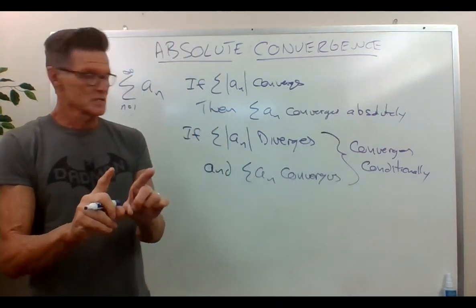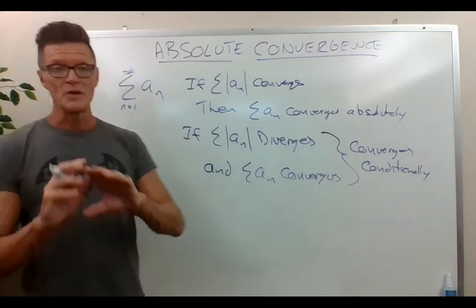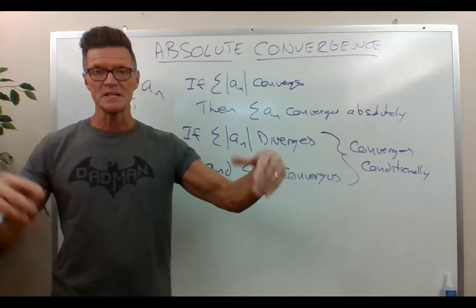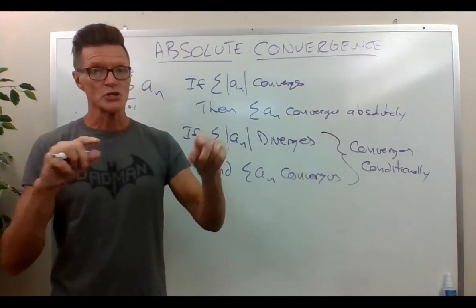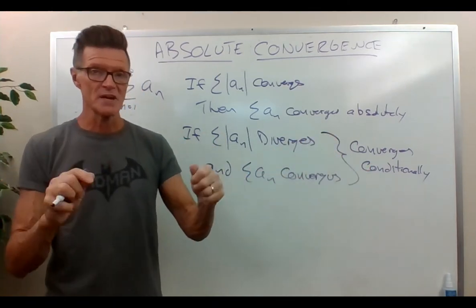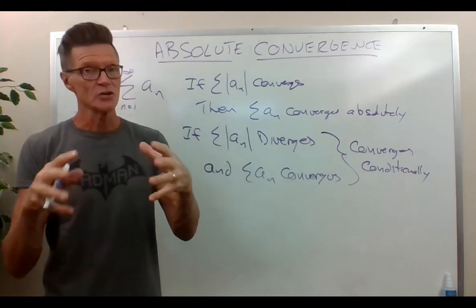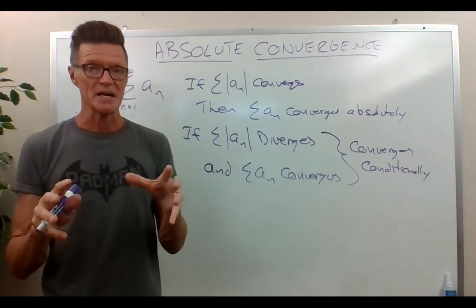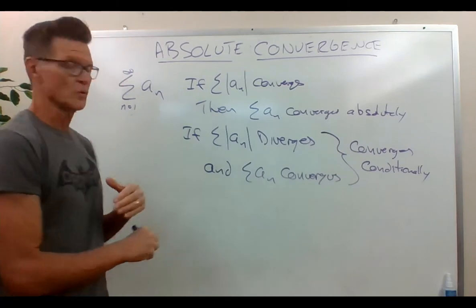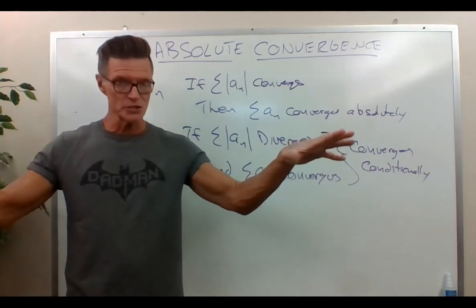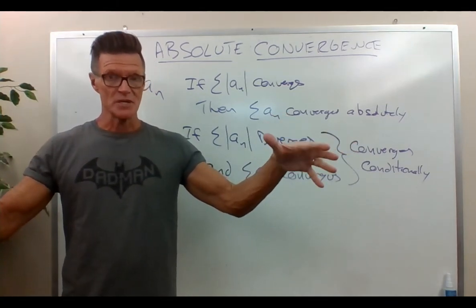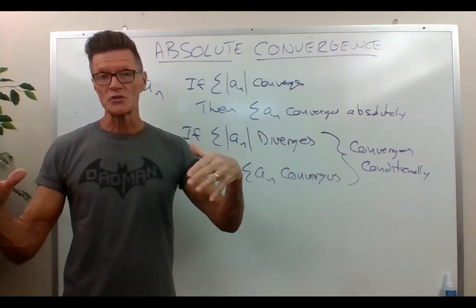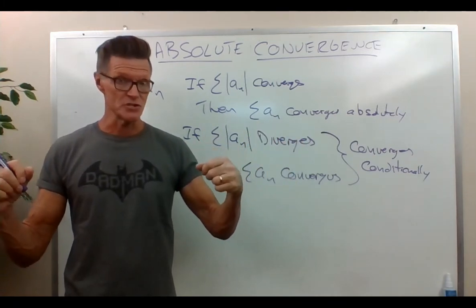What that means is that when the terms are all positive, it diverges. But when the terms alternate, positive, negative, it converges. A good example of that is the harmonic series, 1 over n. 1 over n is a diverging series. But when it is an alternating series, it converges.